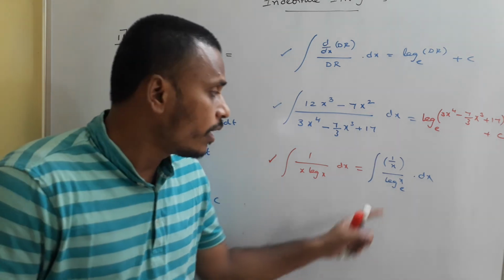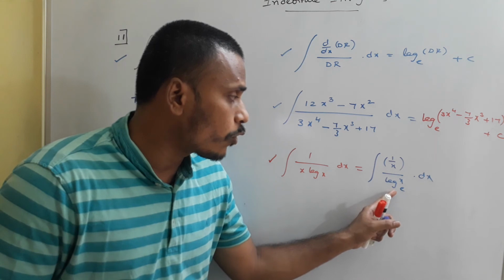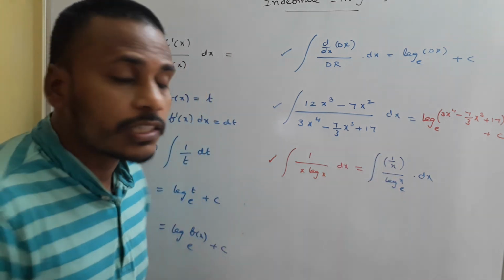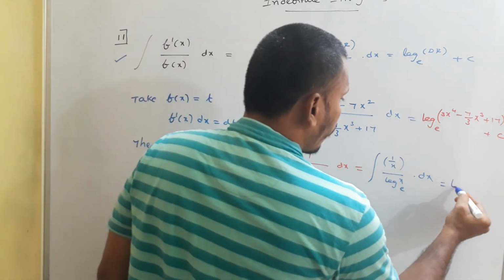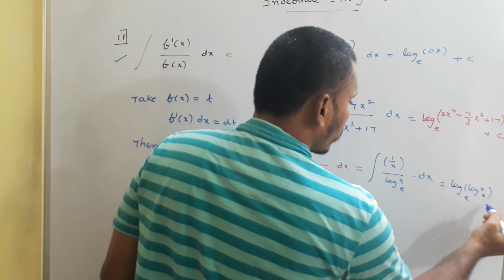Why? Because the derivative of log x is 1 by x. Now the denominator is log x and its derivative is 1 by x. So the answer is the logarithm of log x to the base e plus c.